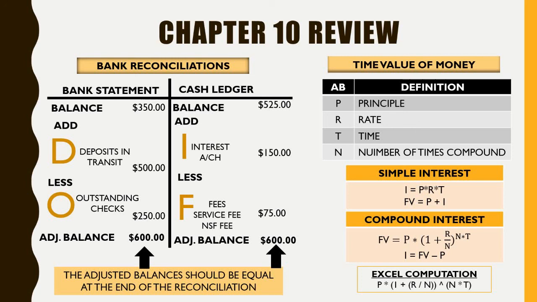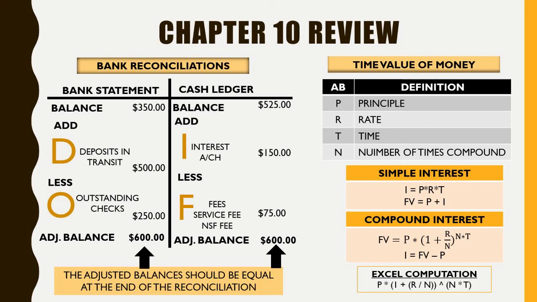And at the end of the day, your adjusted balances must match at the end of your bank reconciliation. So once again, I'm only going to have you focus on your dos and your ifs. On the bank side, you're only focusing on your dos; on the cash side, or our side, the book side, you're looking at your ifs. Okay.